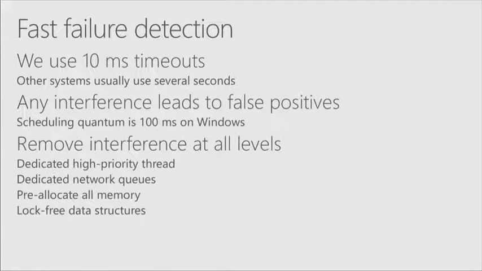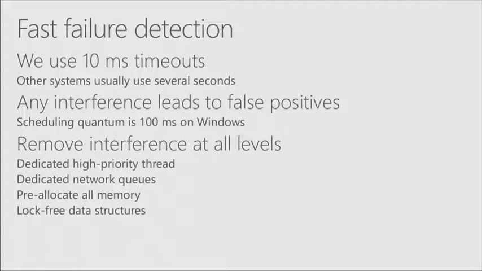The problem here is that any interference can lead to false positives. For instance, the scheduling quantum on Windows is 100 milliseconds, and also the latency of a traditional network can be much higher than 10 milliseconds. Luckily, we have a fast network, and by removing the interference at all levels of the system stack, we are able to achieve these short failure detection times.